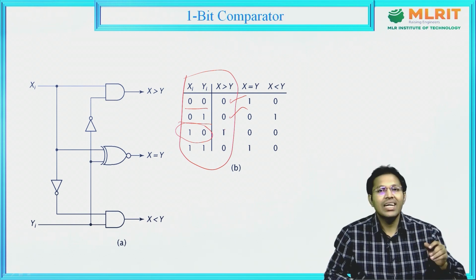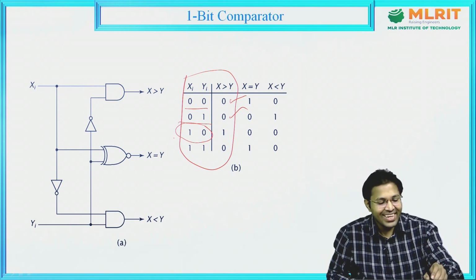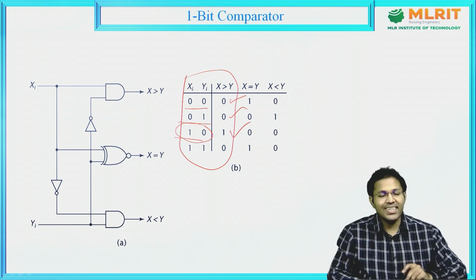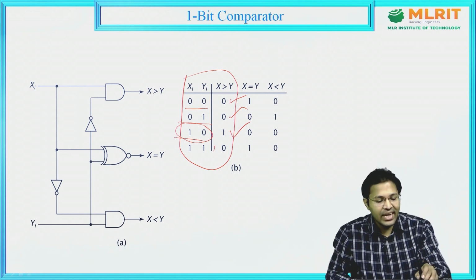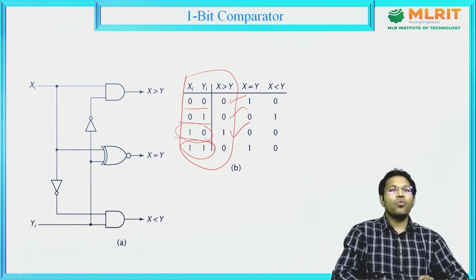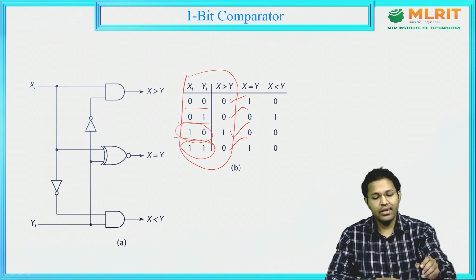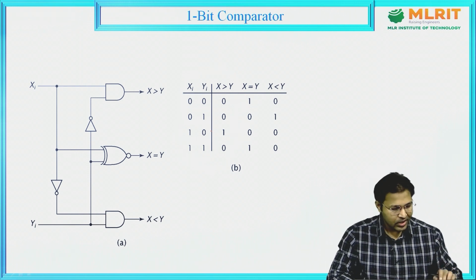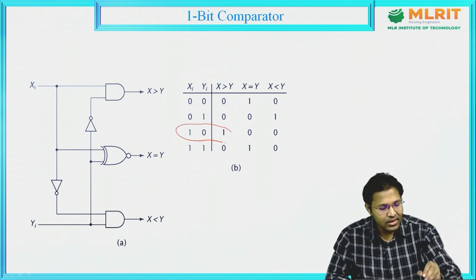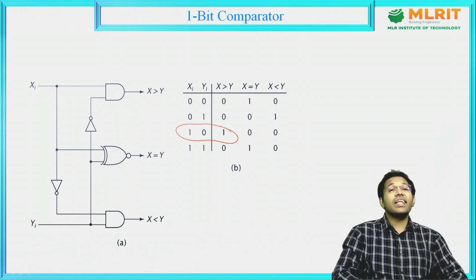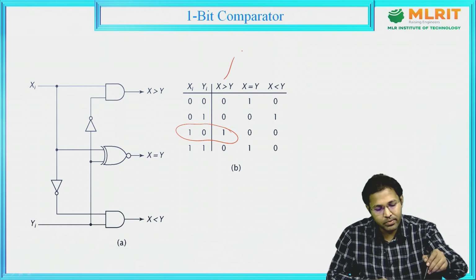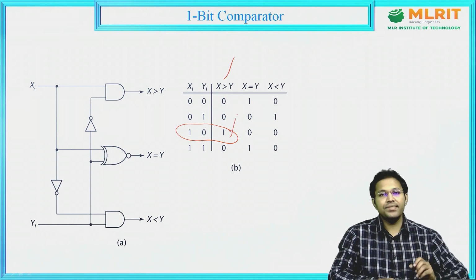Hence this relation is true, which we represent by 1. Last case, again X is equal to Y, so X is not greater than Y, and we put a 0 there. So there is only one case where X is greater than Y. In all the possible outputs, there is only one case where we get a 1.